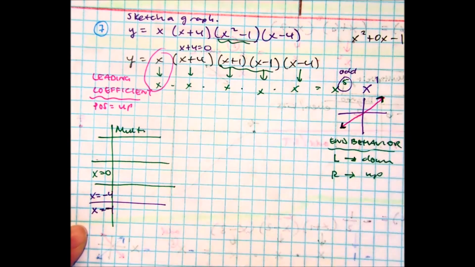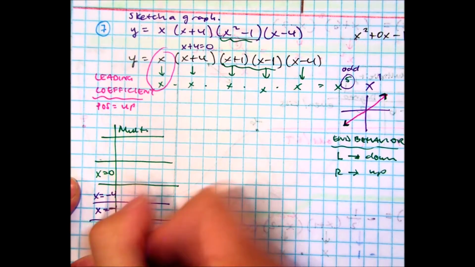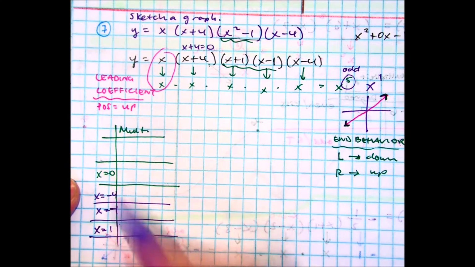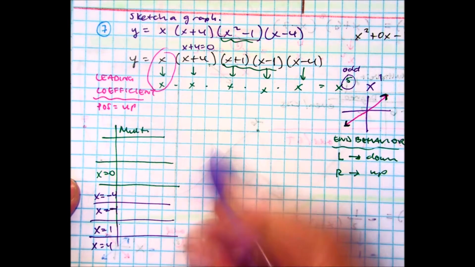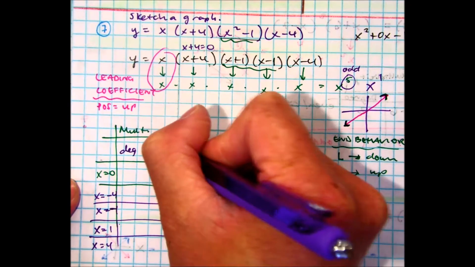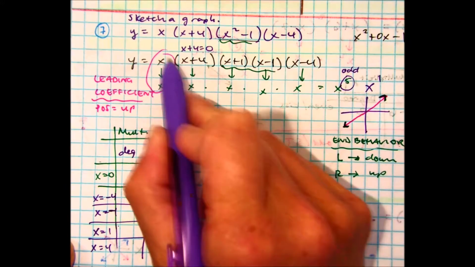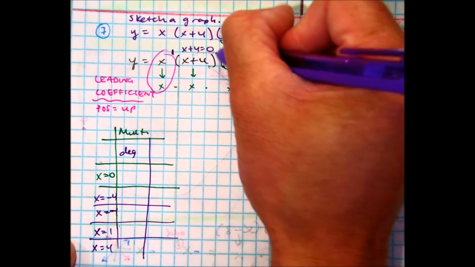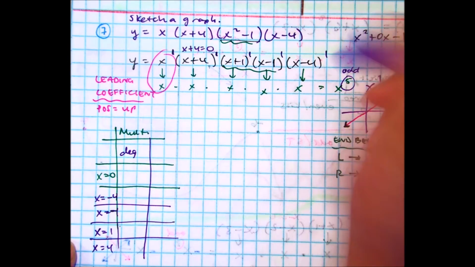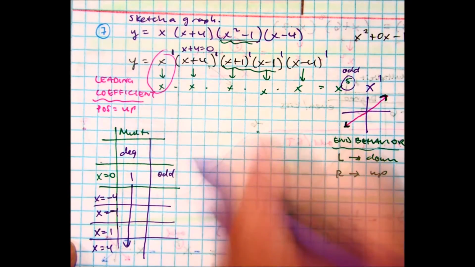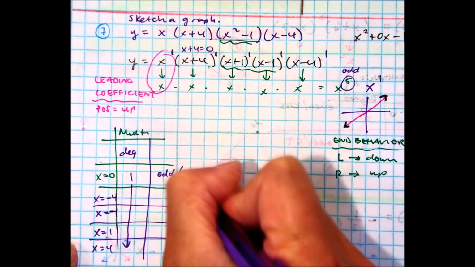And this one is positive 1. And that one is positive 4. Class, what's our degree there? They're all 1s, right? And those are all odds. And what do you do at odds? Strike through. Shoot through.